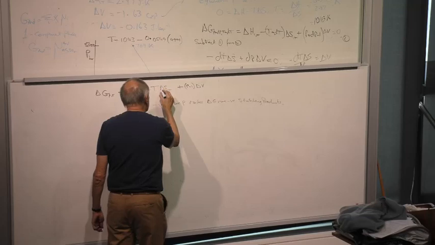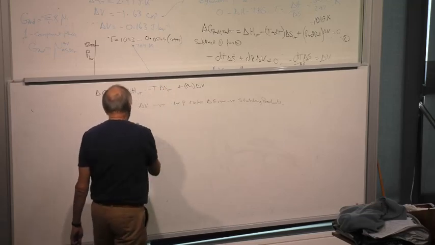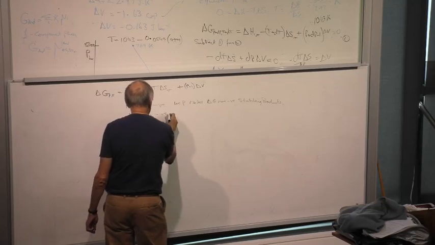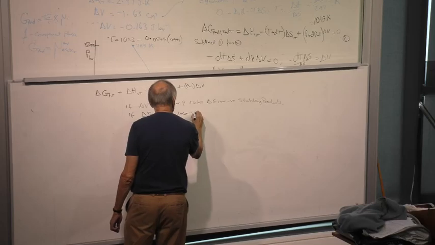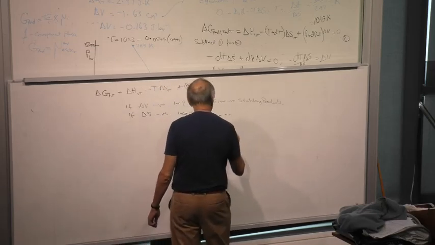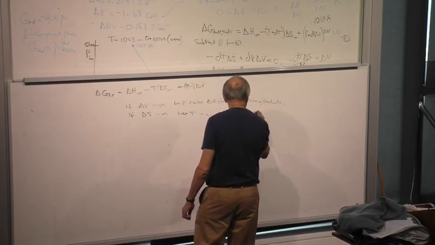If delta S is negative, increasing temperature will do the opposite. So if delta S is negative, increasing temperature makes delta G more positive, stabilizing reactants.